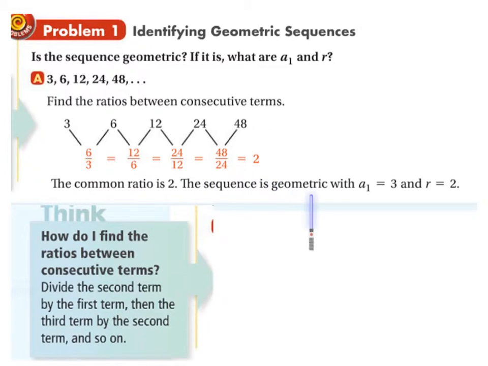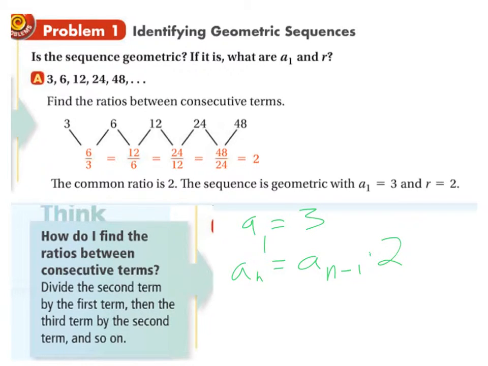So that means that yes, it is geometric, and then the first term is a sub 1. And so that's what we're looking at there. Again, if we were to write either recursive or explicit forms for that, or actually do both, the recursive would look like this: a sub 1 equals 3, a sub n equals a sub n minus 1 times 2.